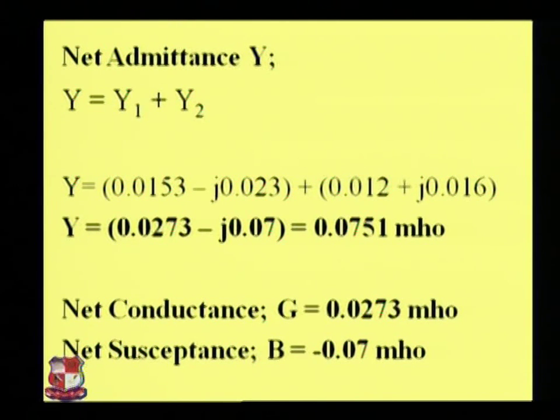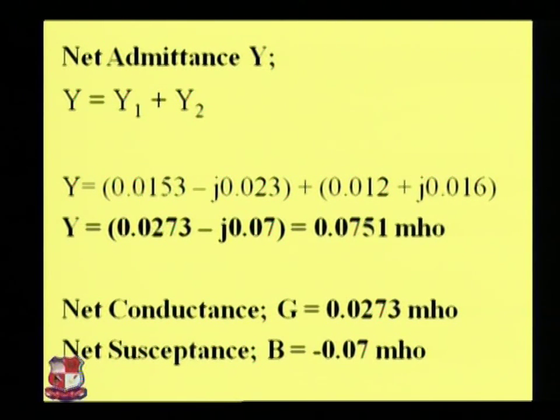So finally we get y equals 0.0273 minus j0.007, and by taking the square root of 0.0273 square plus 0.007 square, we get y equals 0.0751 mho. So this is the total admittance of the parallel resonant circuit.